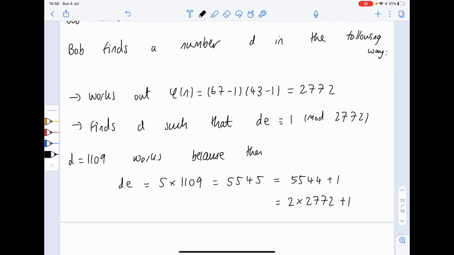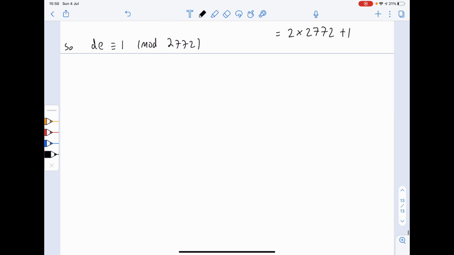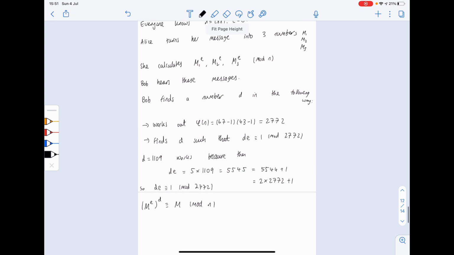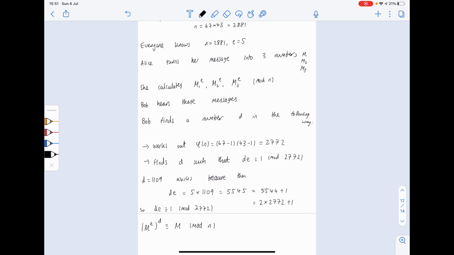So D times E is 1 more than a multiple of 2772. So D times E is congruent to 1 mod 2772. And then what we showed earlier was that M to the E to the D is congruent to M mod N. Okay, that was what was explained earlier, right?